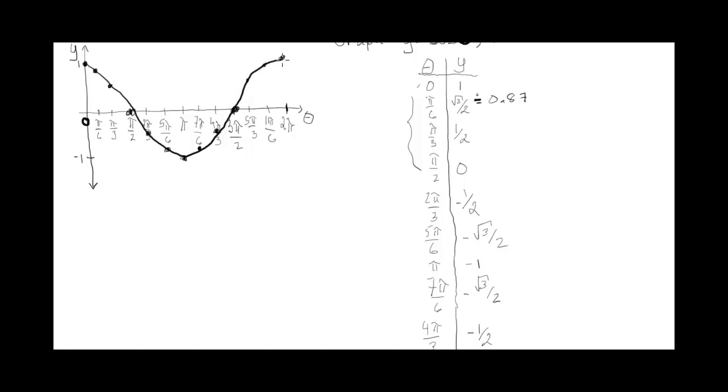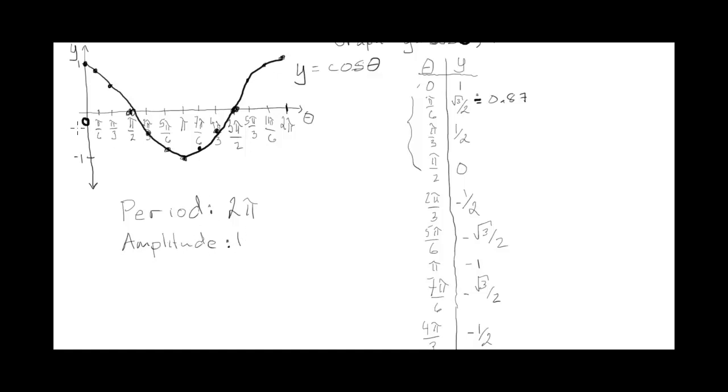So that's our cosine graph. Y equals cosine theta. That's one cycle, right? We start at 1, end at 1, so that's one complete period. So just like with the sine graph, you've got some key features here. Your period, 2 pi. Your amplitude was 1.